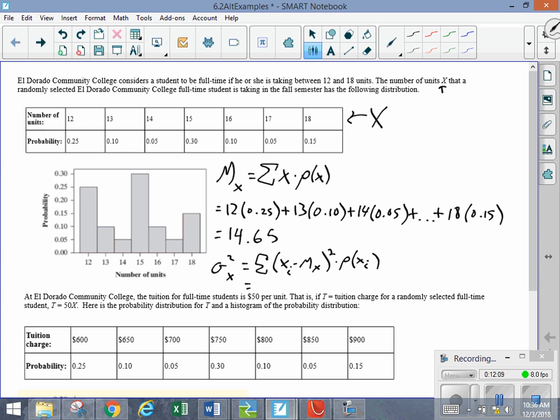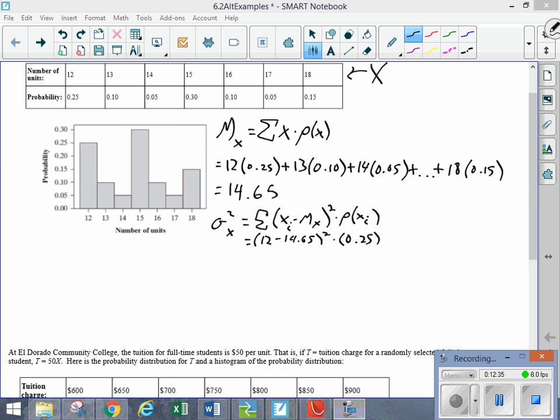Which turns out to be 12 minus 14.65 squared times 0.25.